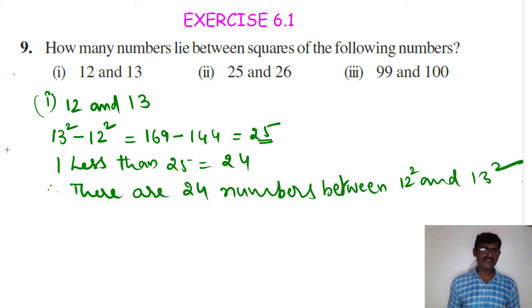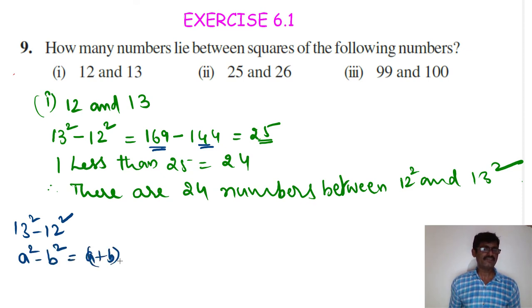Now here one thing I need to say. To find the value of 13 square minus 12 square, I wrote 13 square as 169 and 12 square as 144. Here 12 and 13 are two successive numbers. So if we use the a square minus b square identity, that is a plus b times a minus b, it will be very easy.